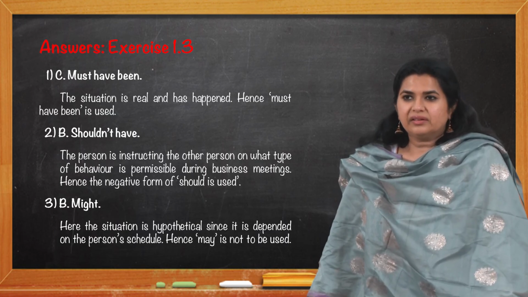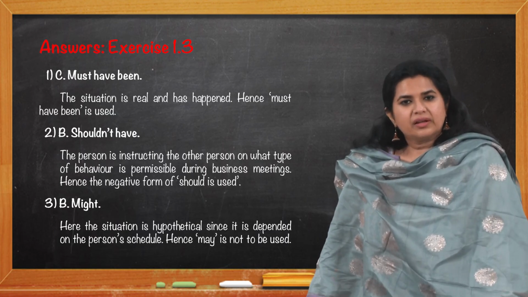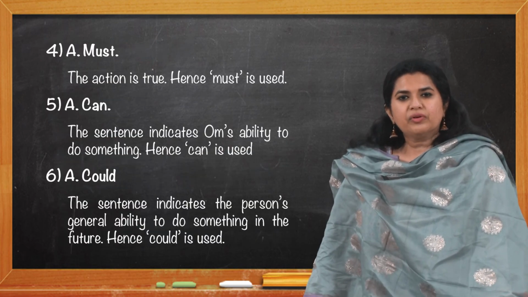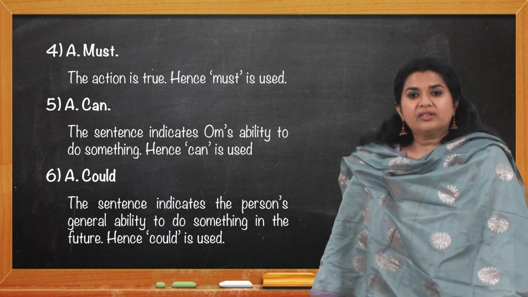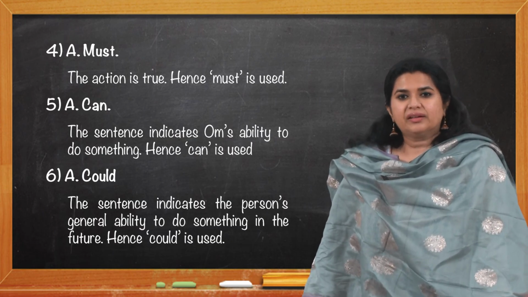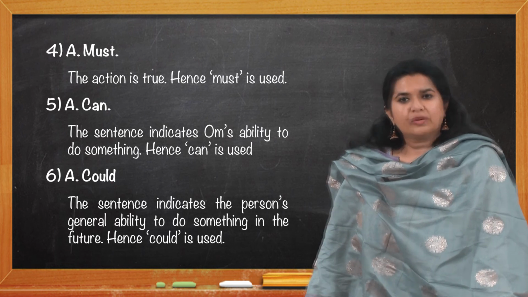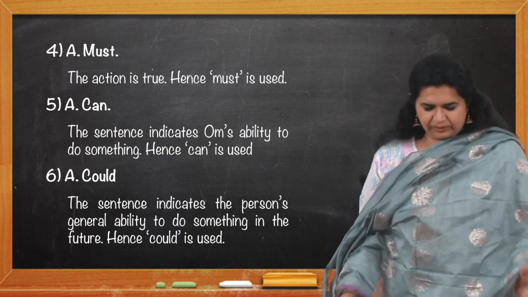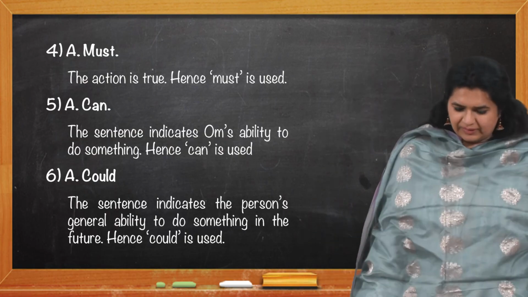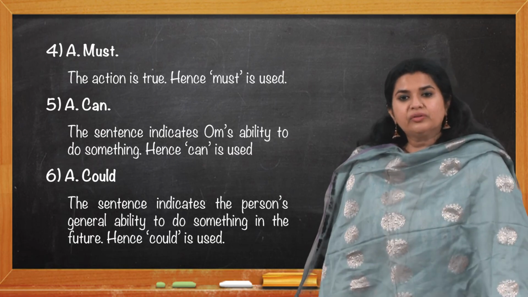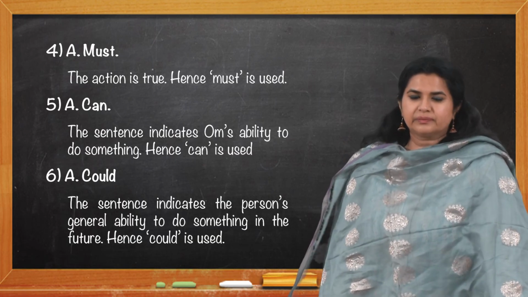Hence, may is not really applicable. And number 4, A, must. The action is true, hence must is used. Number 5, A, can. The sentence indicates Om's ability to do something, hence can is used. And 6, A, could. The sentence indicates the person's general ability to do something in the future, hence could is used.